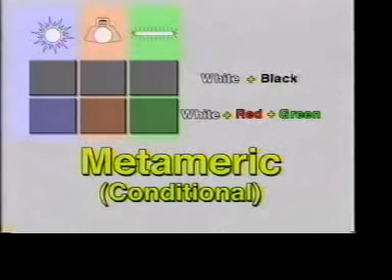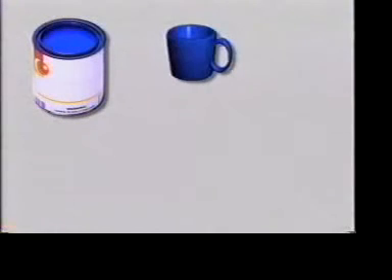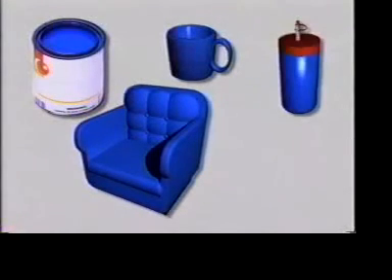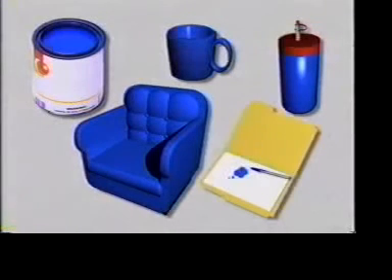The color match between these two paints will be very metameric or conditional. 2. Differing pigmentation is often unavoidable when dealing with differing types of colored items, such as paint versus ceramics, fabrics, plastics, inks, etc. Therefore, metameric color matches are very common when comparing paint to a non-paint target color.